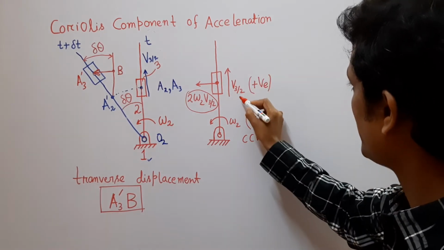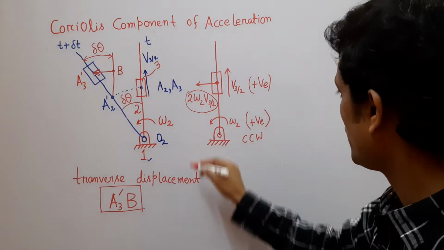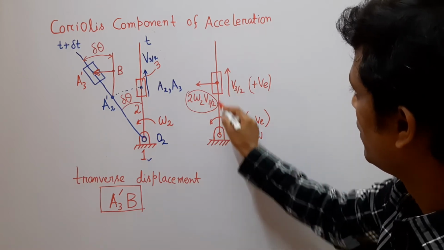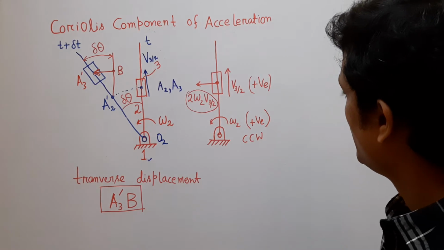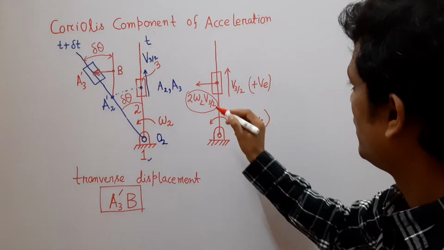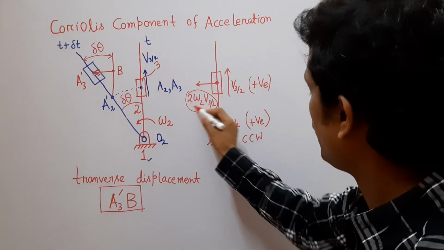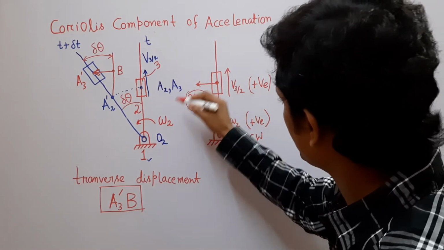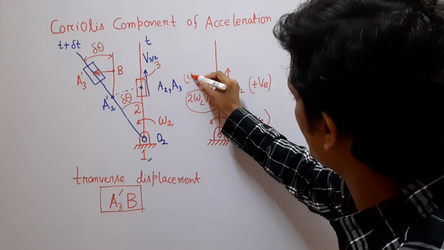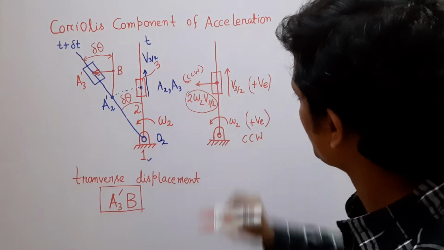Upward direction of sliding velocity is positive and counterclockwise direction of link 2 rotation is positive, then for Coriolis component, which is in the sense of counterclockwise direction, is also positive.